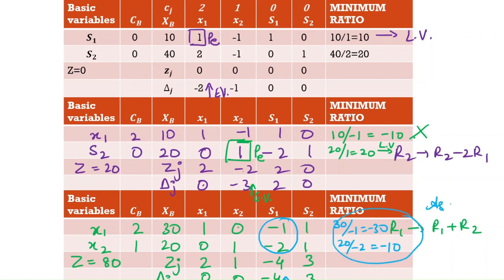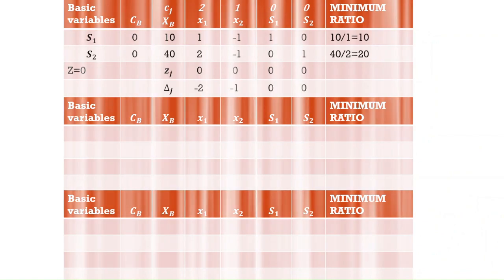As both are negative, we will have an unbounded solution. So again, we could find the entering variable, but for finding the leaving variable we are facing an issue again in the minimum ratio, so it becomes an unbounded solution.